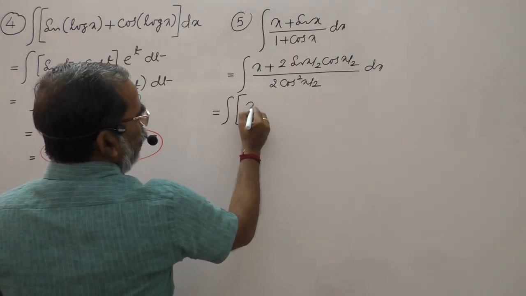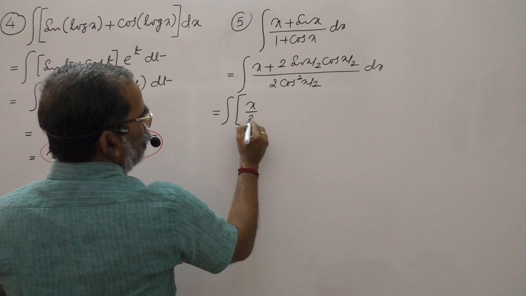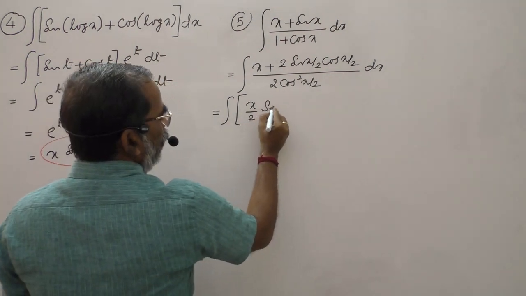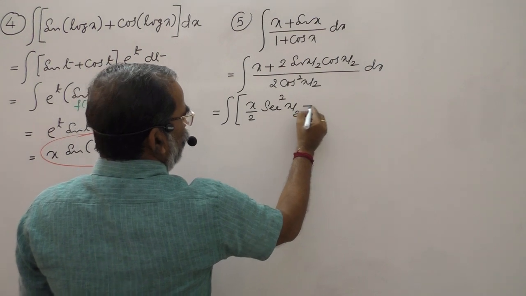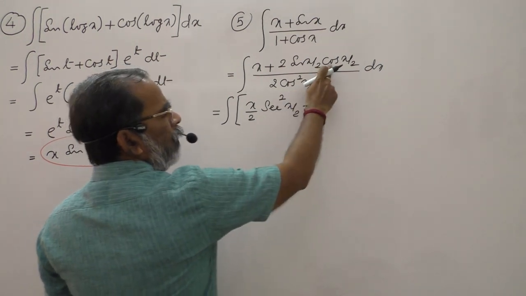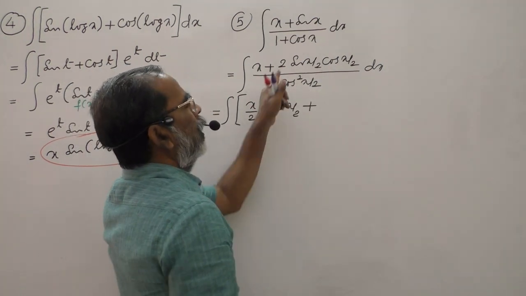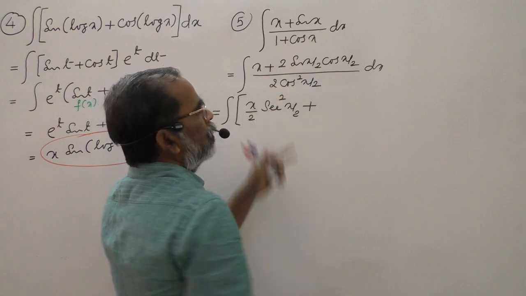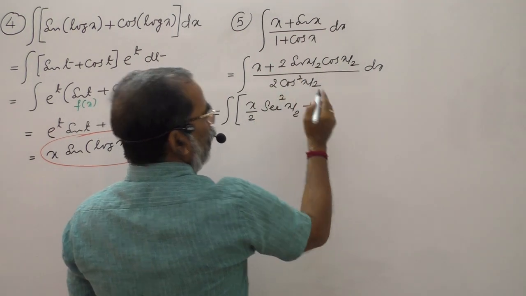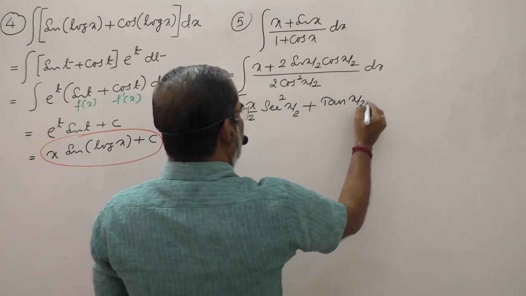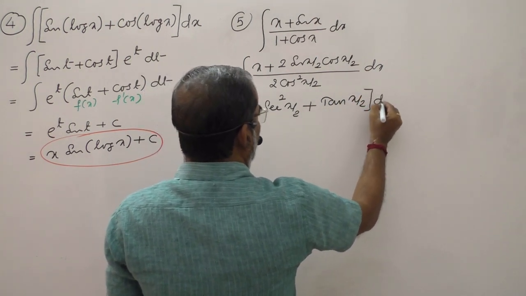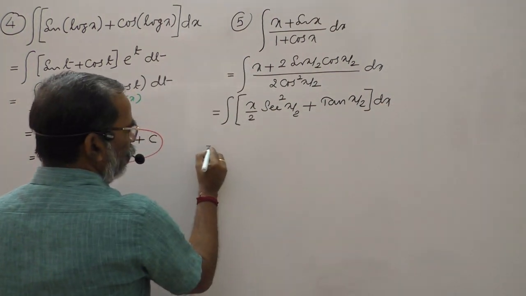What will be there? x by 2 cos square in the denominator, it becomes secant square. Then plus, if I divide this separately, see carefully, 2 gets cancelled, cos x/2 gets cancelled. I will have only sin x/2 by cos x/2.